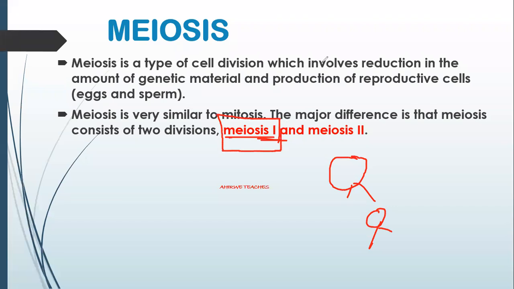After you've divided in meiosis 1 and you form haploid cells, then you need to separate the chromosomes so that you form your 4 daughter cells, as we are going to see.